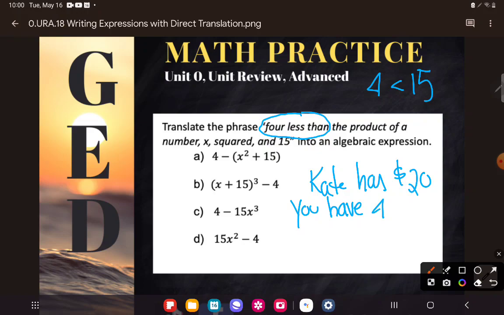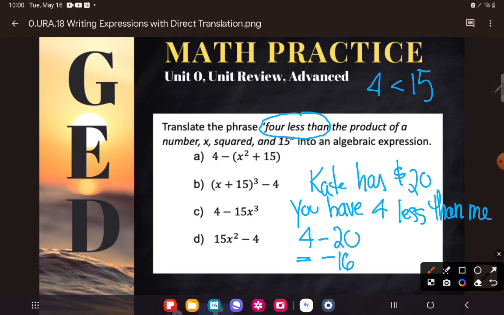So you have 4 less than me. If you wanted to find out how much money you had based on this, you wouldn't say, oh, I'll take $4 and less than and put the 20 there. Because if you did that, 4 minus 20 would give you a negative number. It would say, oh, you're in debt $16. And clearly that's not true.